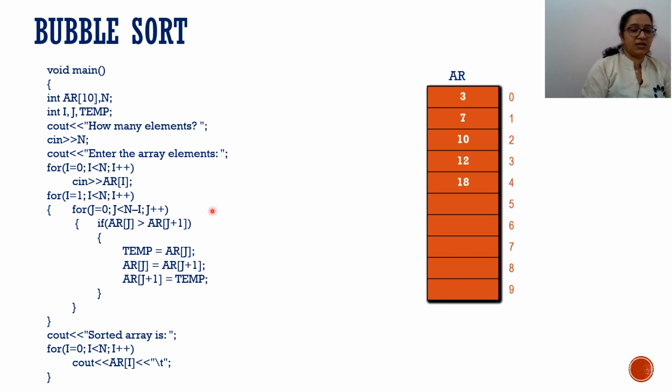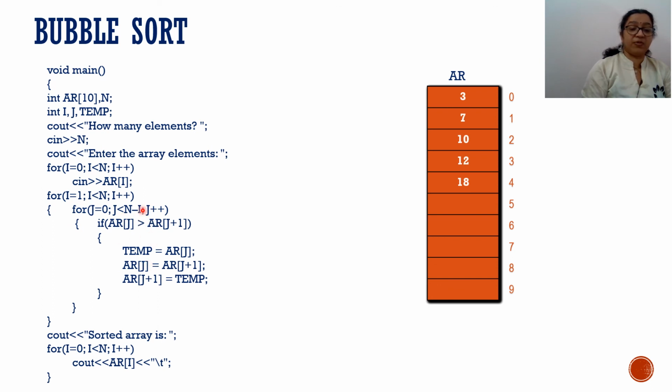So only the process is, see here, i is equal to 1, i less than n, i plus plus. Inside that, j is equal to 0, j less than n minus i times. i times only we want to repeat this process. i is incrementing there. So we can reduce the step 1 by 1 here.